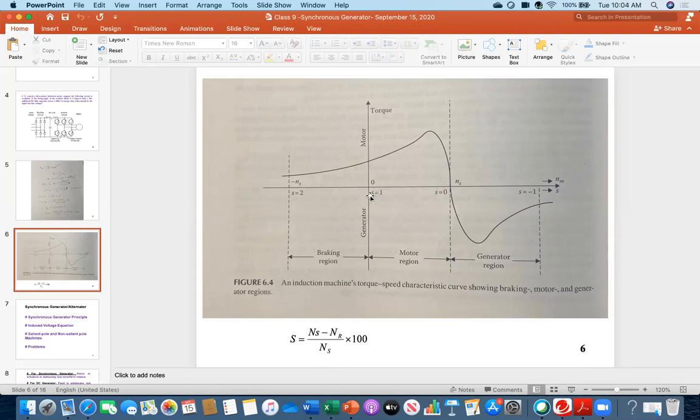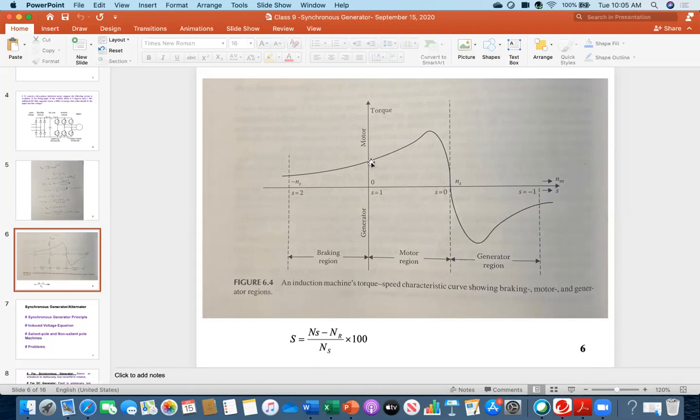That's why the slip is written as 1, and this 0 means that the motor speed is 0. But at that time there is some starting torque, which is needed. So the induction motor has some standstill torque even though the rotor has not started rotating. The motor is ready to operate.